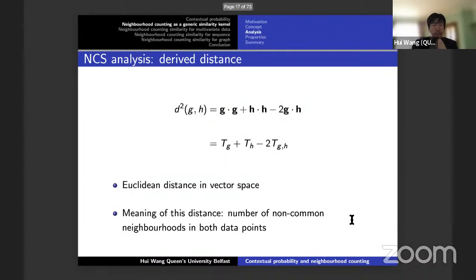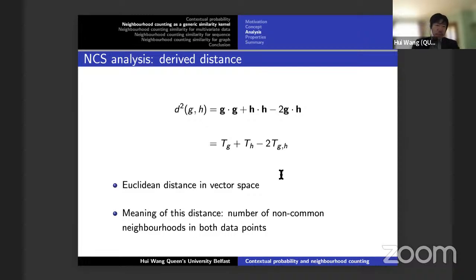Okay, and then the neighborhood counting similarity has a derived distance. So we can define a distance function in this way. For two data points G and H, we represent each data point as a vector, and then we have such an expression.